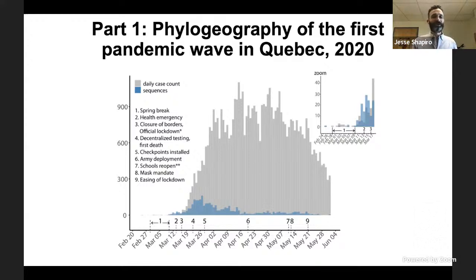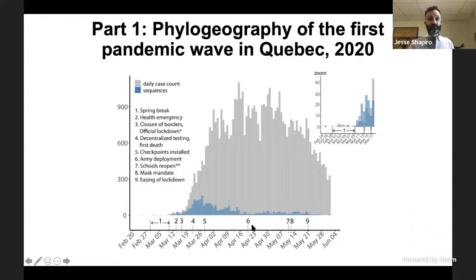until end of February, beginning of March, where it was clear that there were some cases. And then in gray, you can see the daily case counts really exploded over the month of March and into April. And a health emergency was declared mid-March. We had closures of borders and a lockdown, checkpoints at the borders.